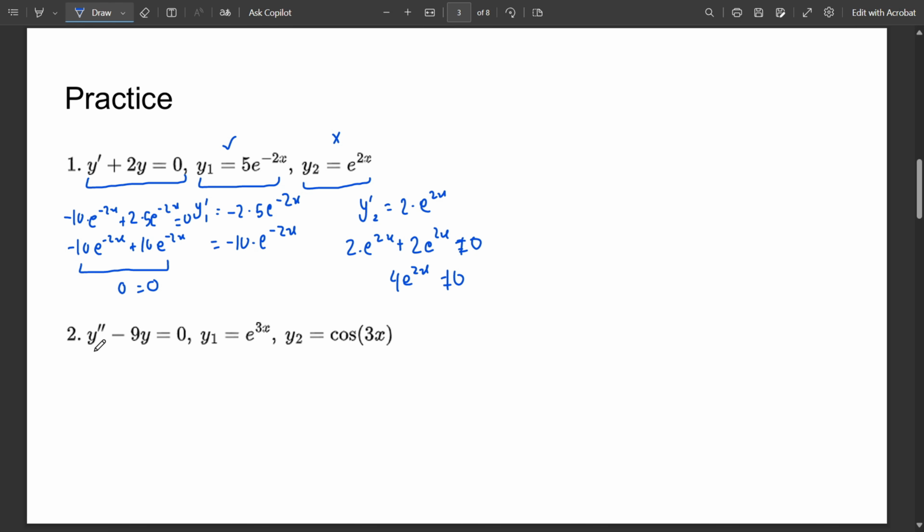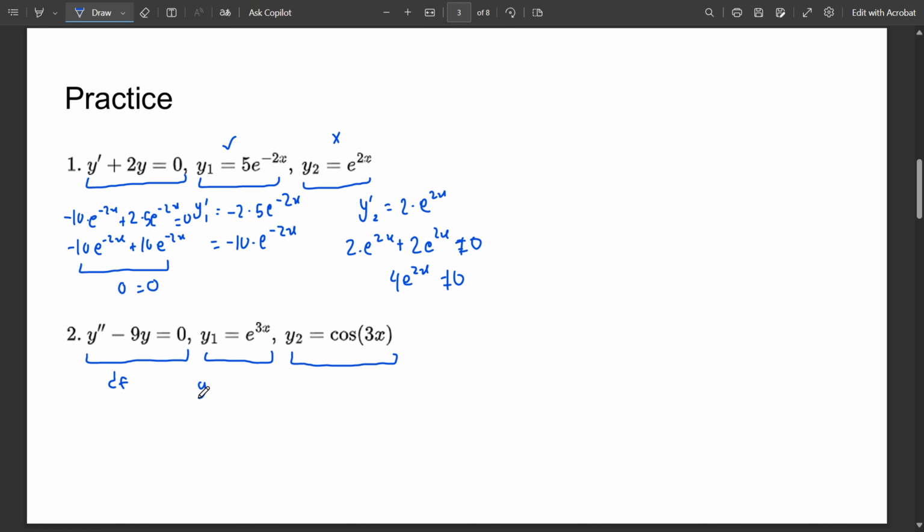Okay, next we have y double prime minus 9y equals 0. So this is the differential equation, and this is the proposed solution. As you can see here, the highest derivative is y double prime, so we just need to take y prime and y double prime.